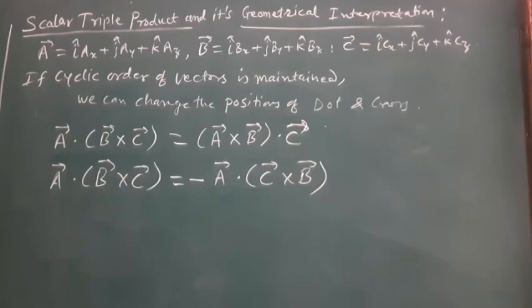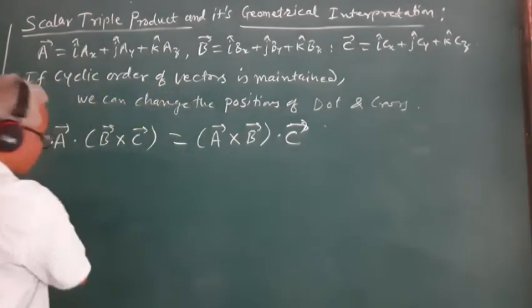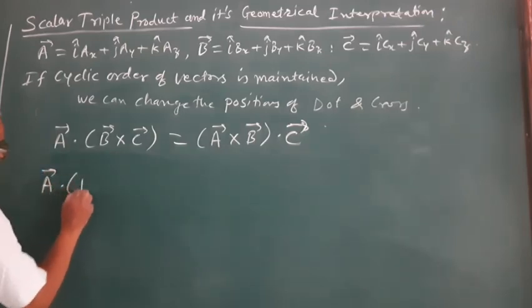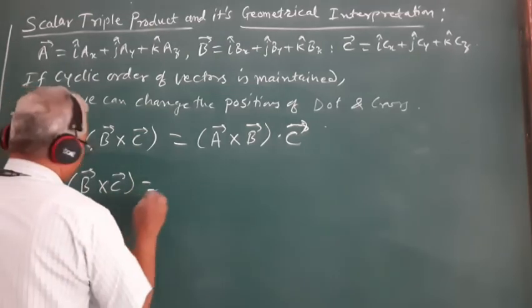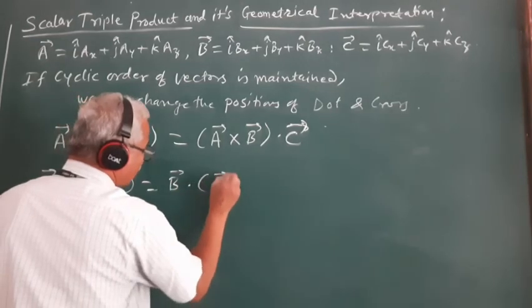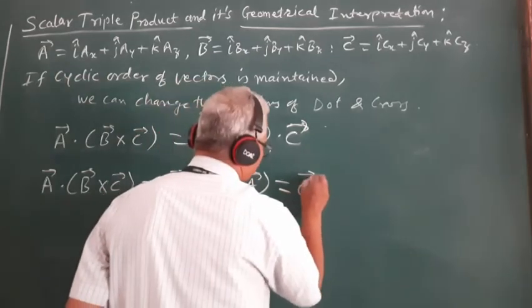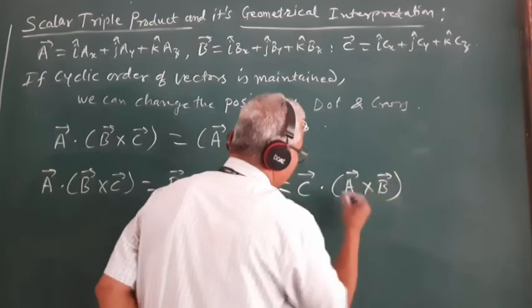Then, if the cyclic order of the vectors is maintained, the scalar product of the three vectors can as well be expressed as a bar dot b bar cross c bar is equal to b bar dot c bar cross a bar is equal to c bar dot a bar cross b bar.